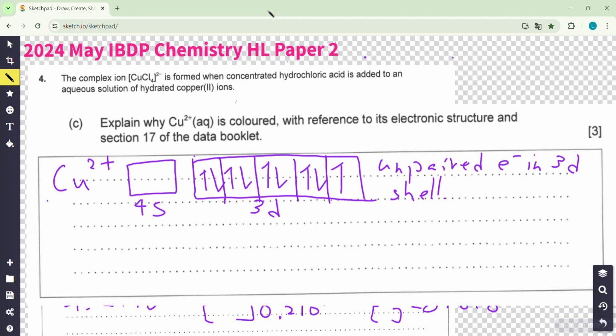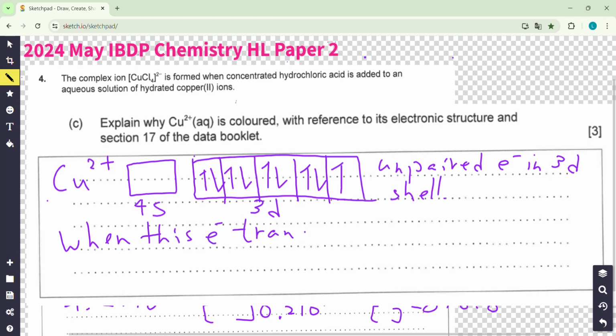And then this electron may transfer in Cu. When this electron transfers, you need to remember what is the color of copper 2 plus. It's blue, right? So from the data booklet, from the color wheel, it will absorb the opposite one.